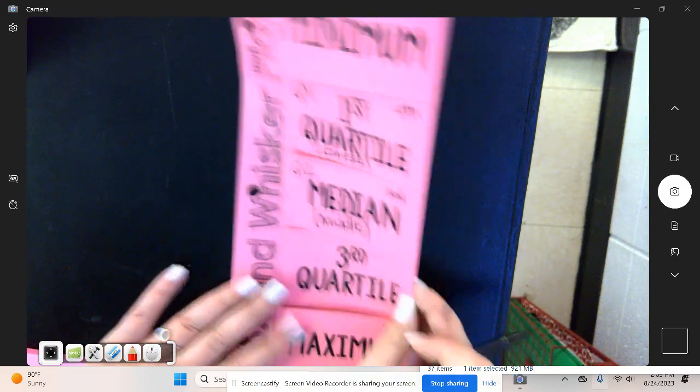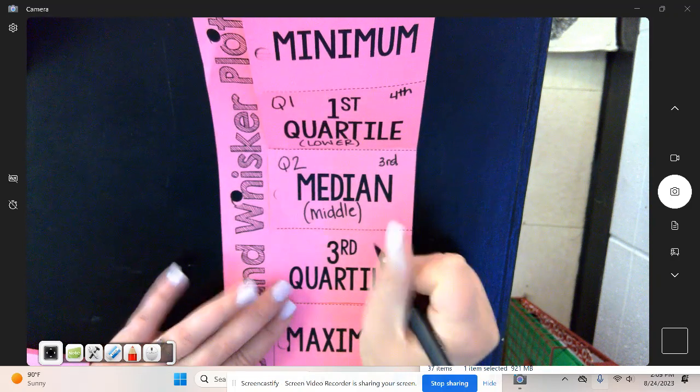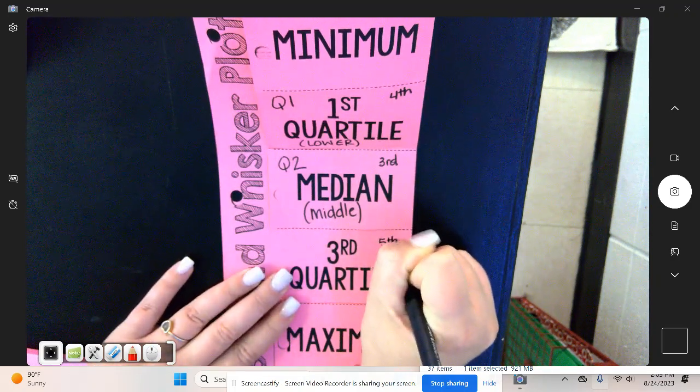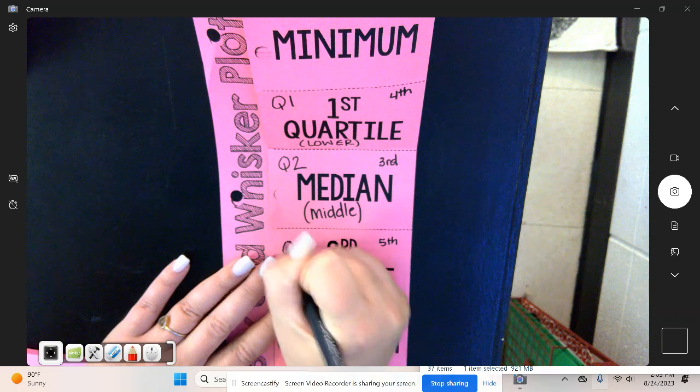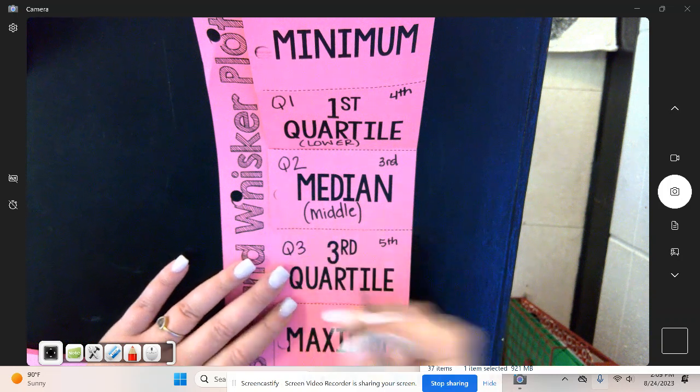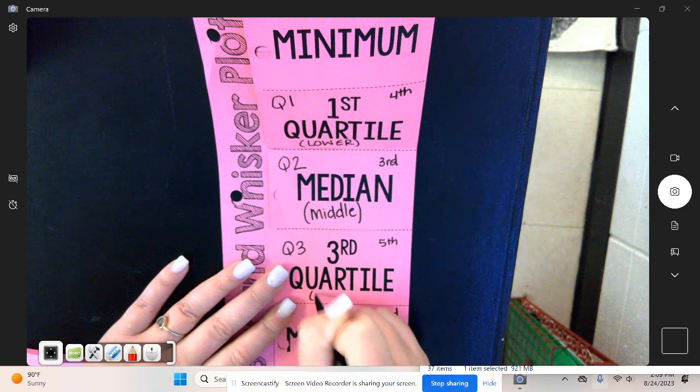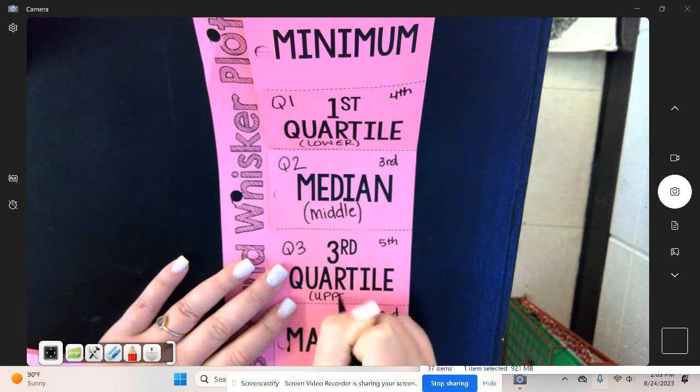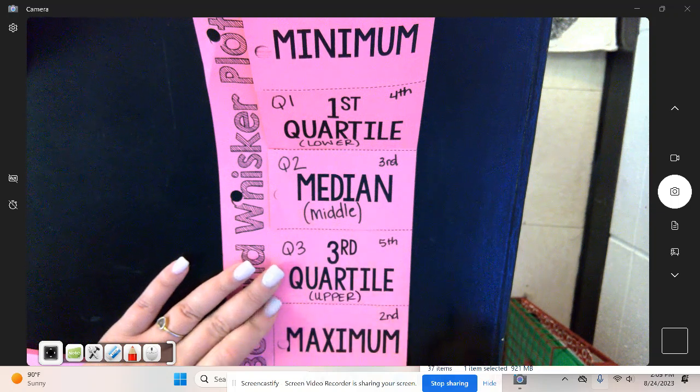And then the final number we'll find is the third quartile, which is also called Q3, or it could also be called the upper quartile because it deals with the higher numbers.